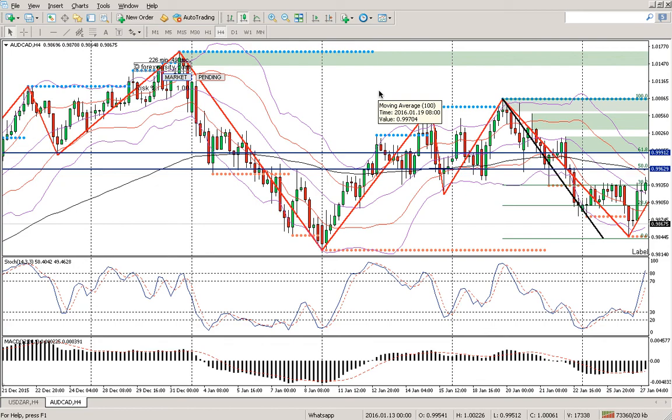So we've got our 4-hourly fib. Now we need support and resistance. But what did I say about the daily? I said it holds the most weight and most momentum, the most strength with regards to price.